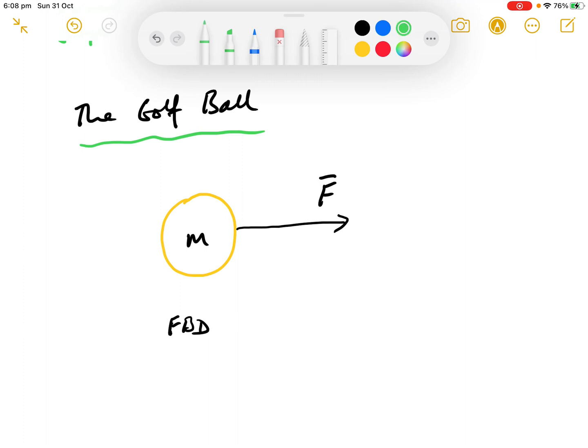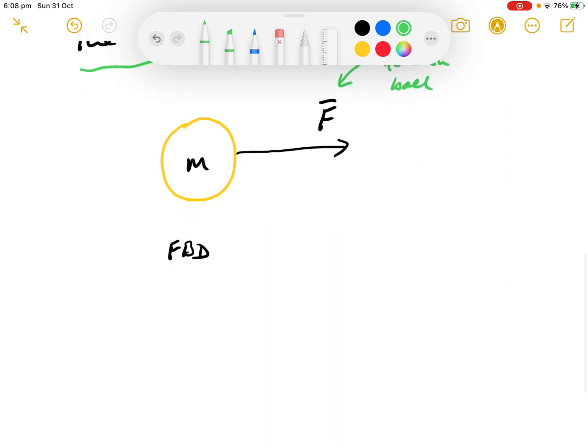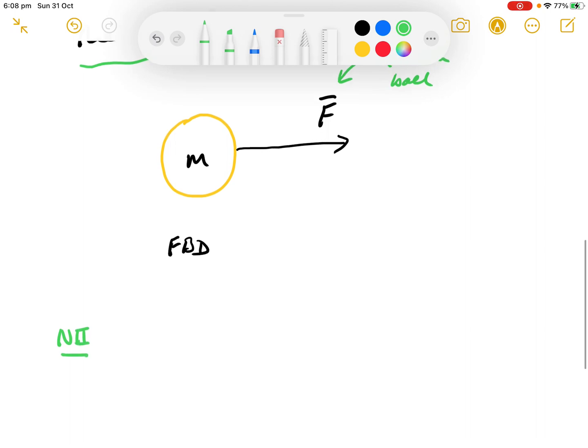So it's really important that you realize we're dealing with the average force on the ball, F bar. And that's going to be an unbalanced force. So we apply Newton's second law, and what do we get? Well, we get that F equals ma.